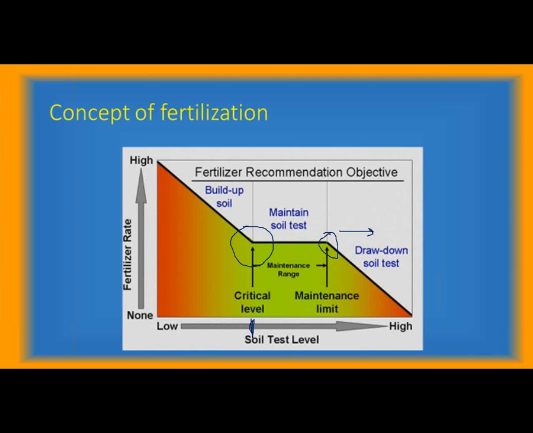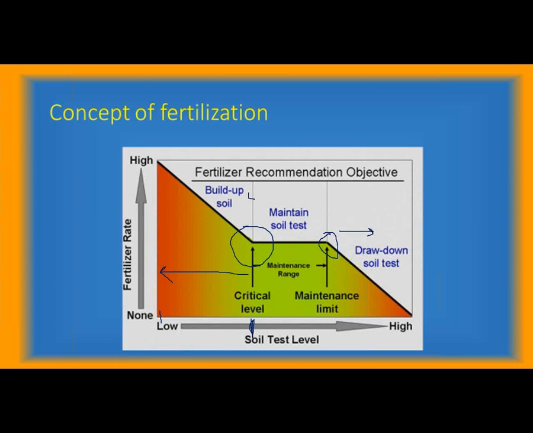So if your soil test is below the critical level, and we're looking here at anything from, I've drawn a little line here all the way to here, which would correspond from here to here on the soil test level. Anywhere in that area, there's going to be a difference between this point.